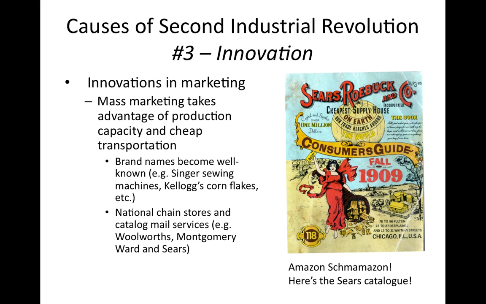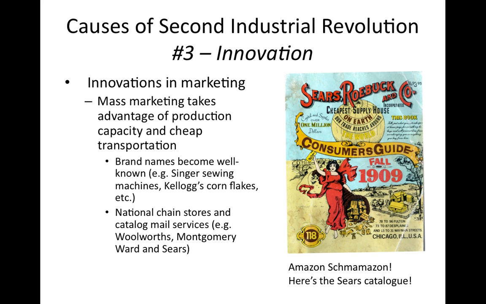For example, Sears. Now, you know Sears is like this crappy little store that is in some of the most depressing malls in the area and is on its way out. But Sears was like the Amazon of the late 1800s. You'd get a Sears and Roebuck catalog.